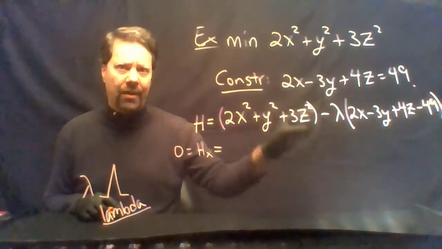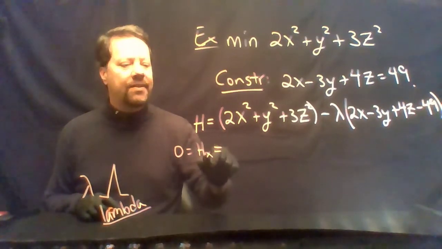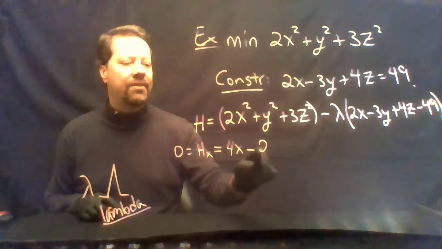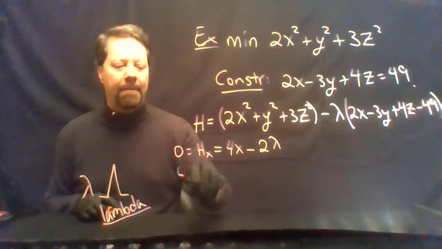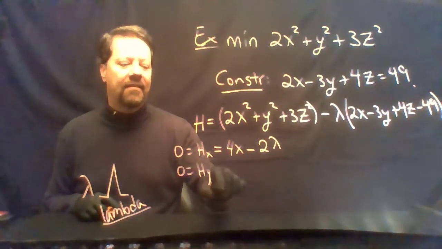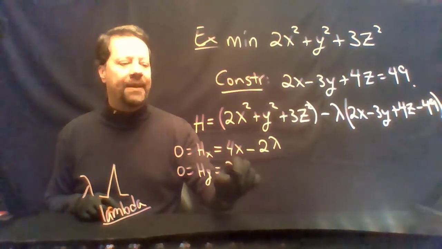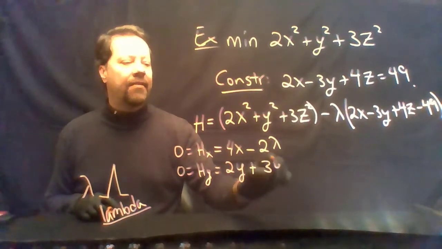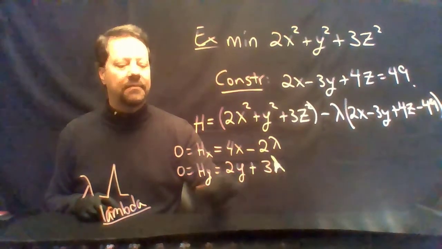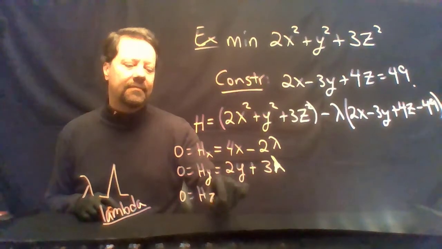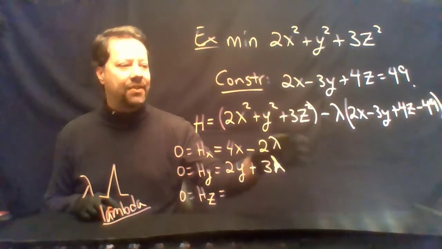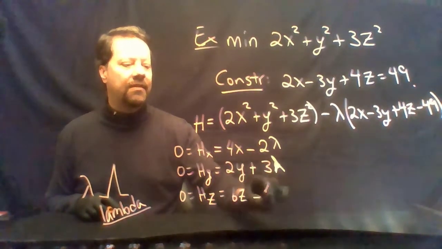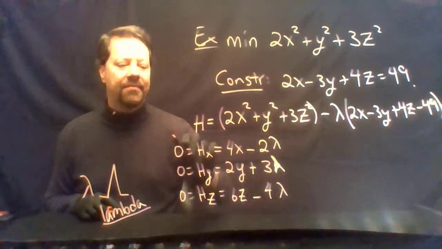Critical points will satisfy all derivatives equal to 0. So hx equal to 0 will be 4x minus 2 lambda. hy equal to 0 will be 2y minus a negative 3 lambda. 0 equals hz will give us 6z minus 4 lambda.